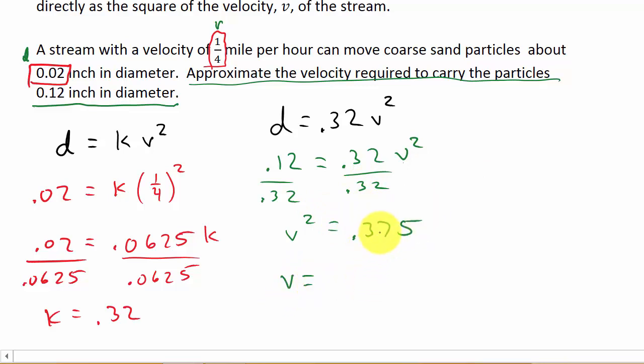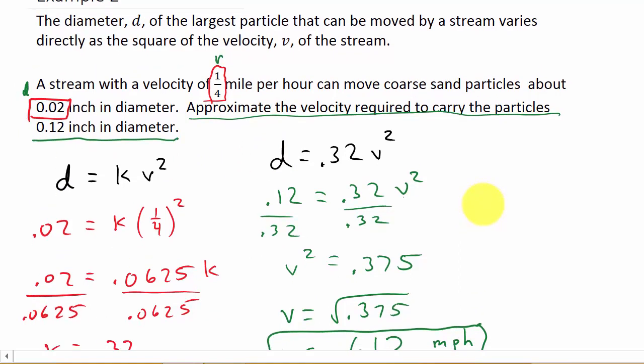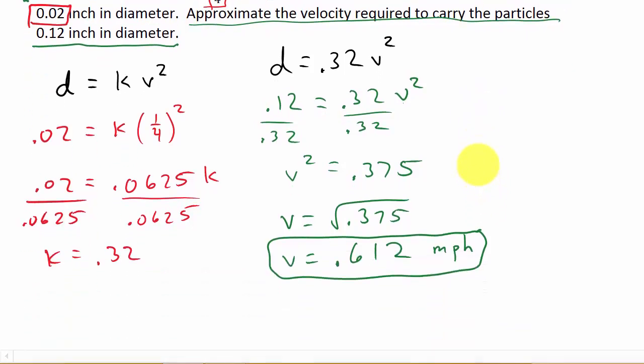So V is the square root of 0.375, and then if we put that in our calculator and round to 3 decimals, we get 0.612, and we are in miles per hour. So that's the velocity required to move a particle with this diameter in a stream, to be moved by a stream.